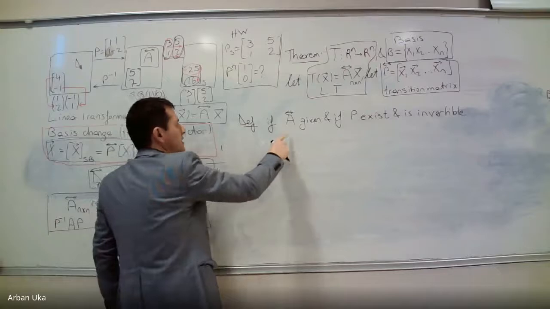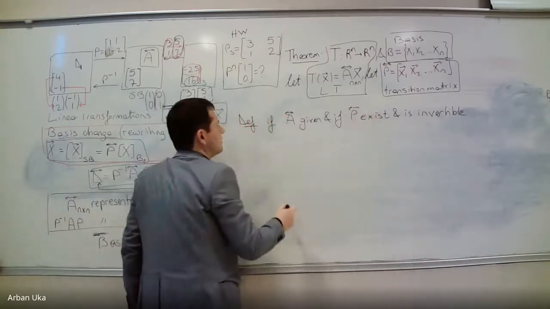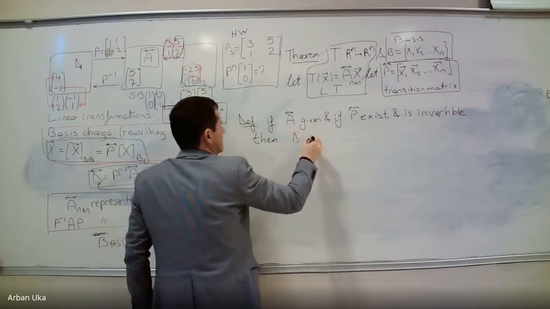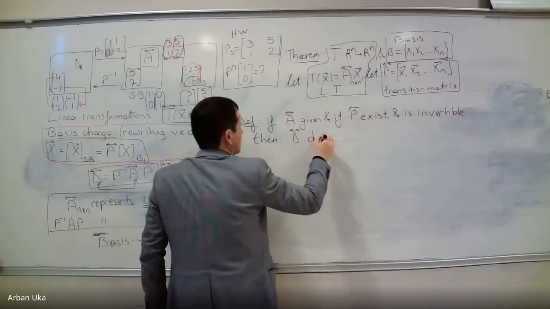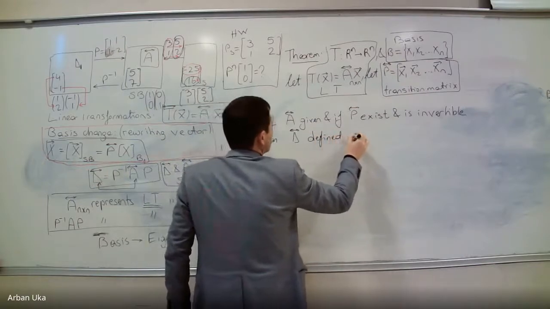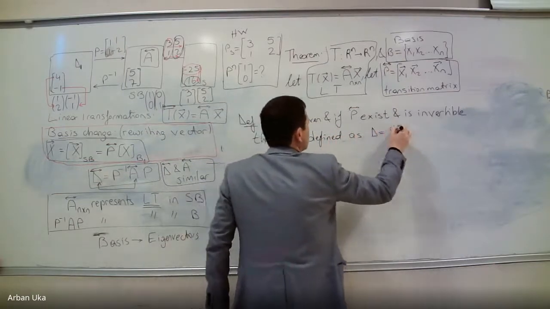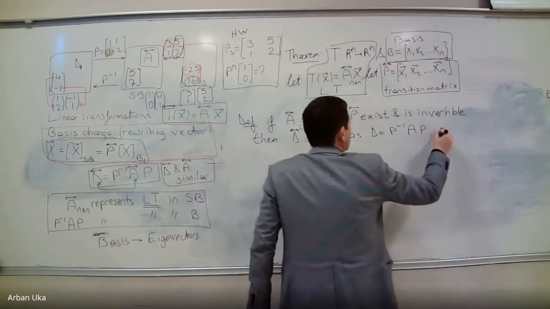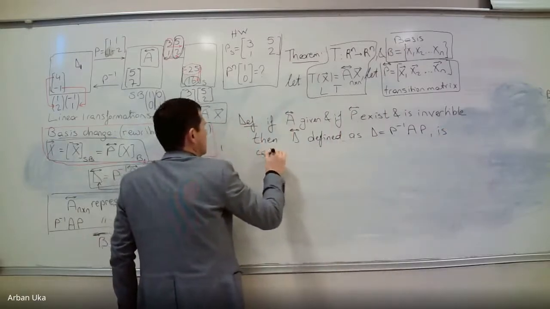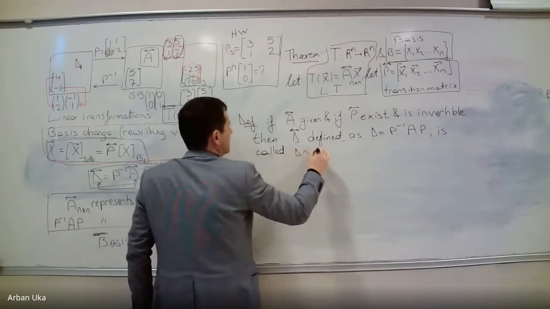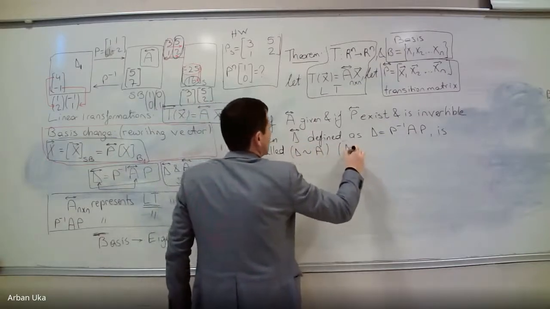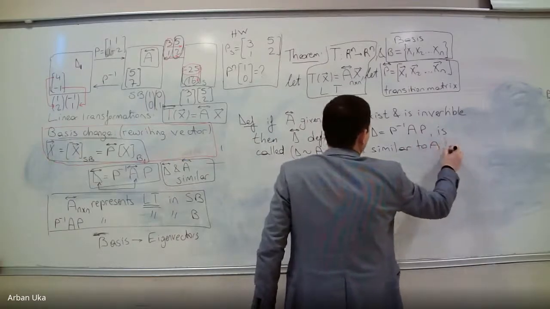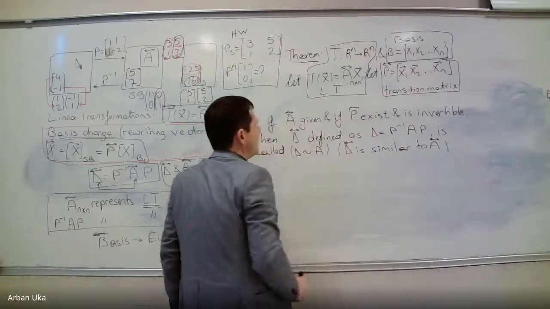If A is a given matrix and if P exists and is invertible, then D, which is a matrix defined as D is equal to P inverse AP, is called similar to A, okay? So matrix D is similar to A.